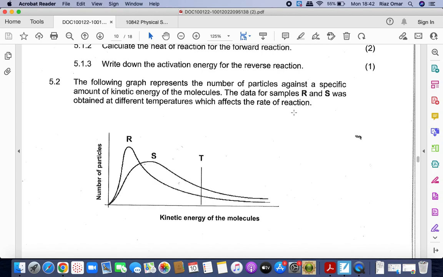What does the line T represent? It represents the point where all particles higher than this line T have sufficient energy for the reaction to take place. They can cause effective collisions. So in this area, these particles have sufficient kinetic energy for effective collisions to take place.